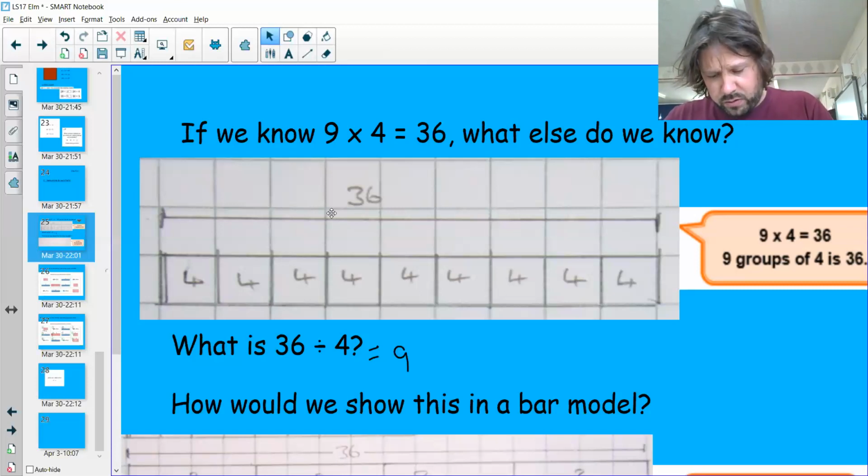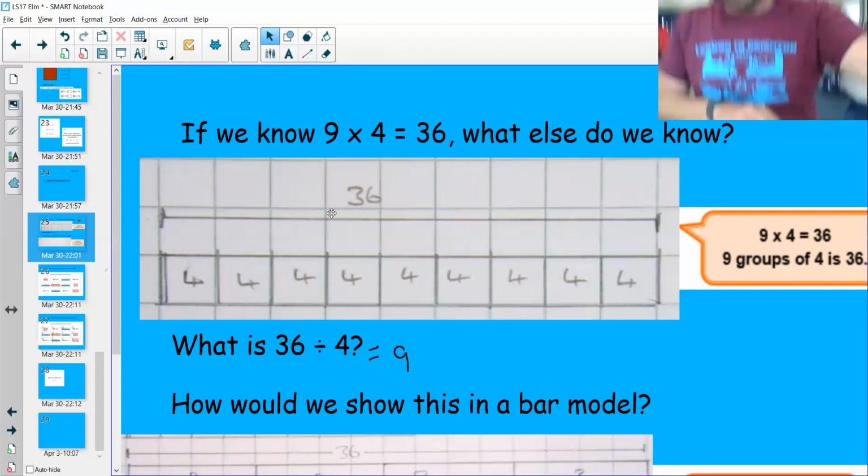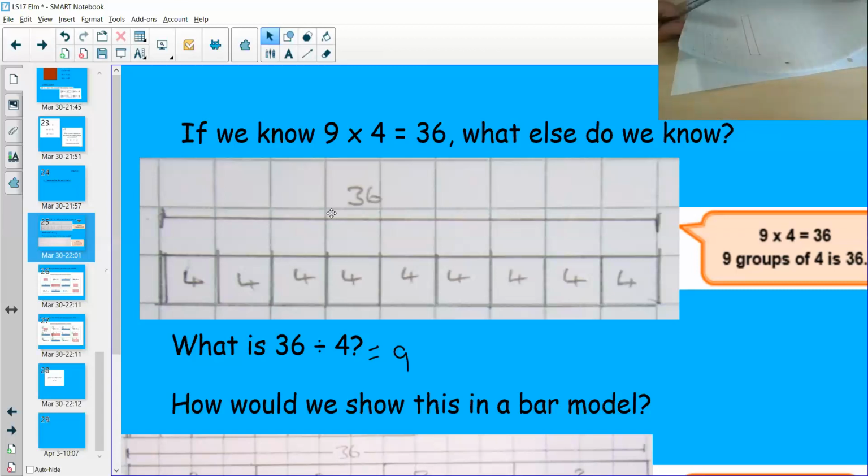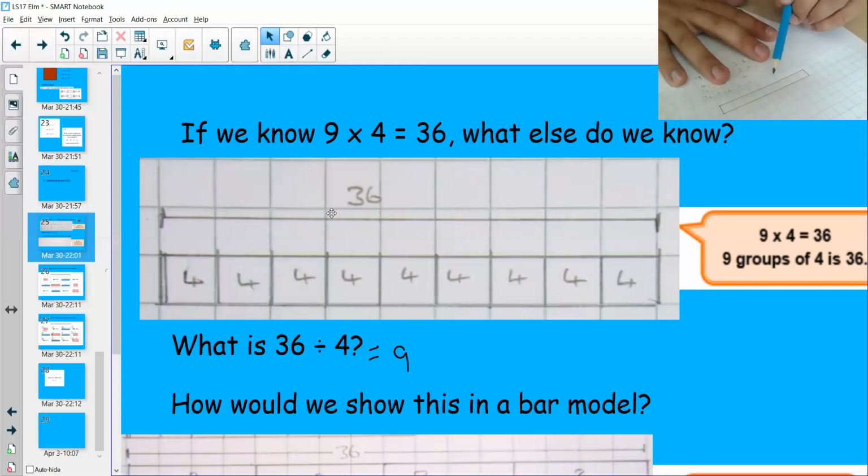I'm going to very quickly show you, my pencil's on the front, unfortunately. The start: 3, 6, 9. The same at the bottom, 3, 6, 9. And I'm going to draw my bar. So that's my bar there. And each one is going to be worth 4.